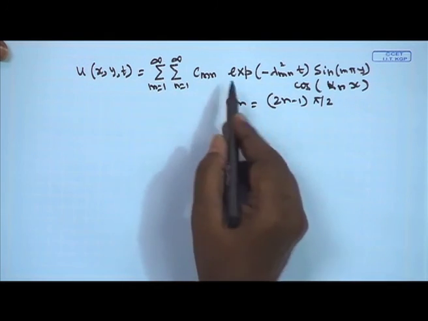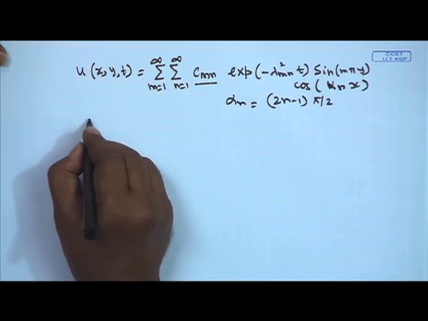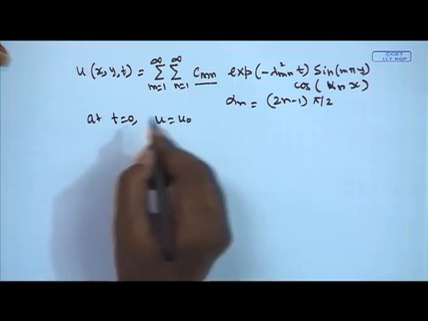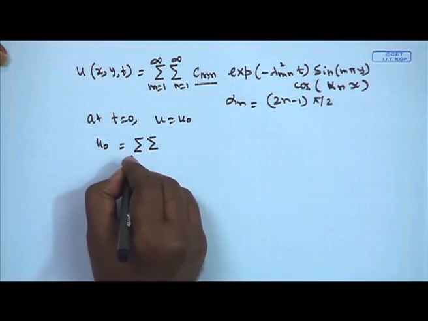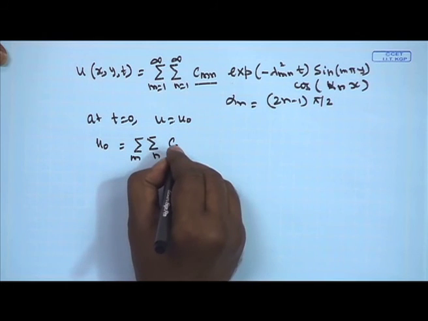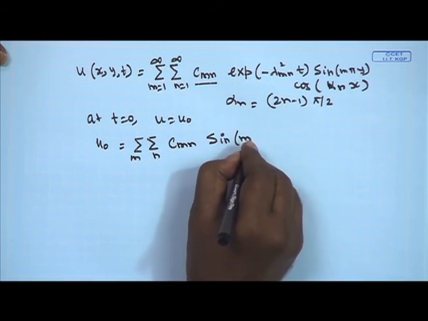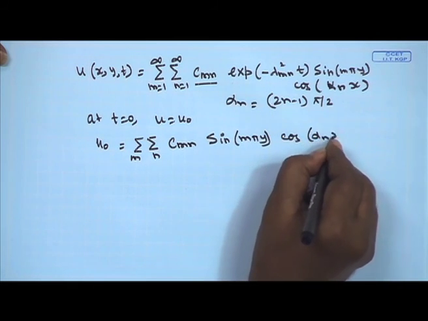Again, the unknown constant C_mn will now be evaluated from the initial condition at t is equal to 0, u is equal to u naught. So, we had u naught is equal to double summation over m, another over n, C_mn sin m pi y cosine alpha_n x.